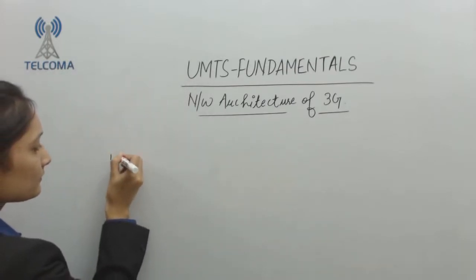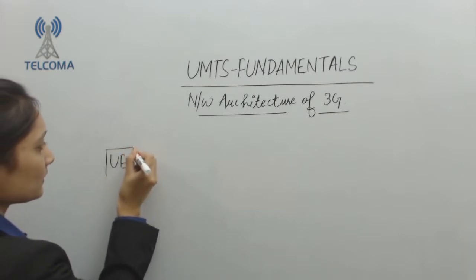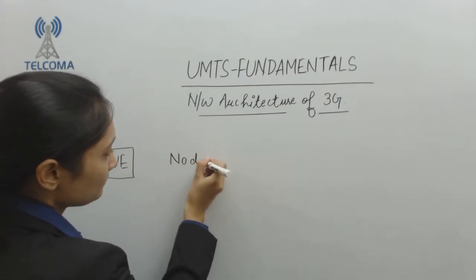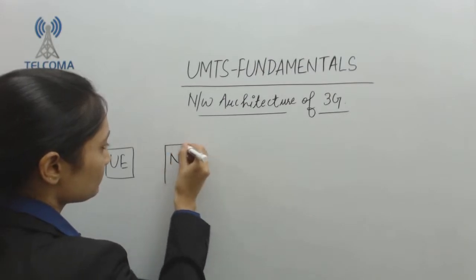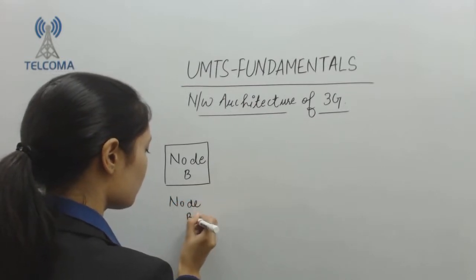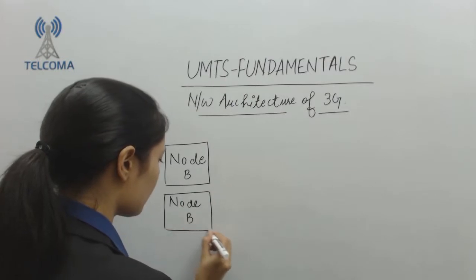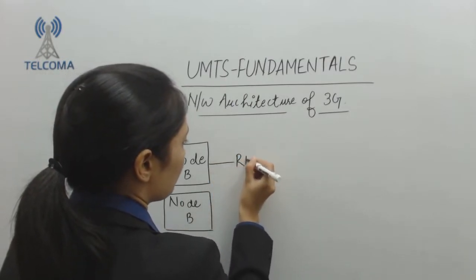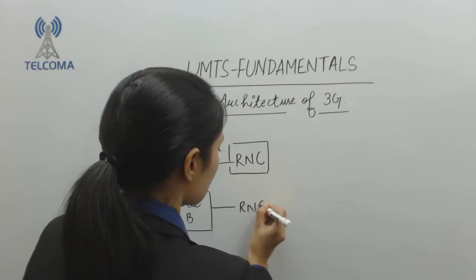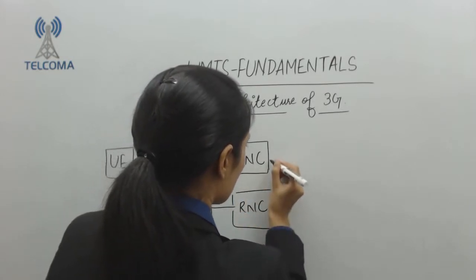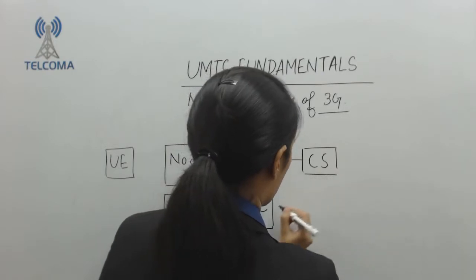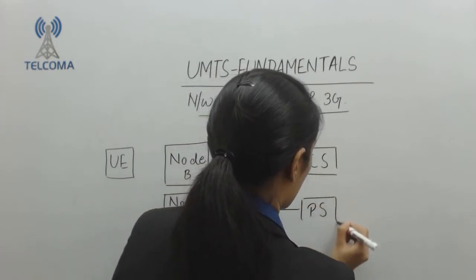So we have the user equipment, node Bs, and RNC.